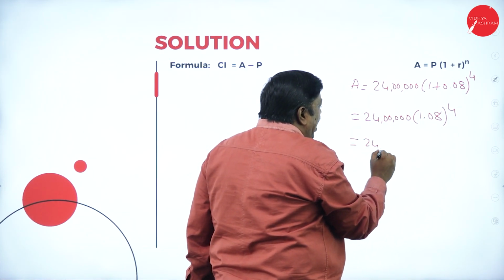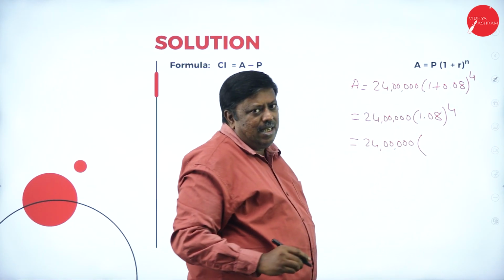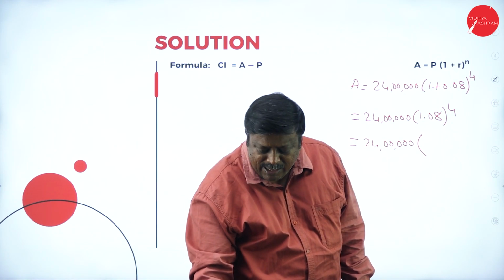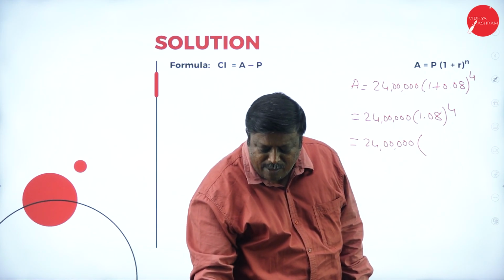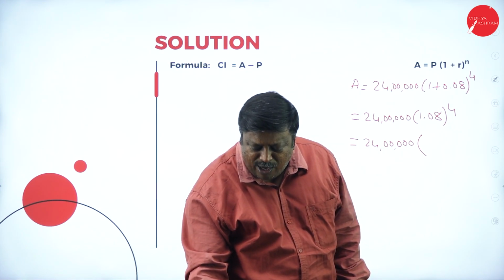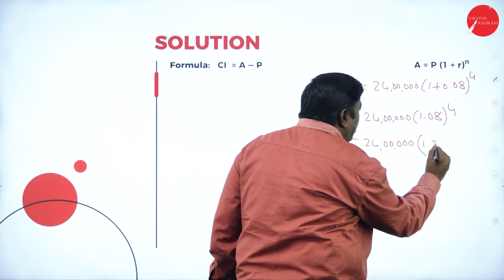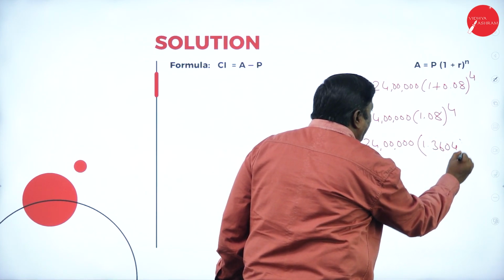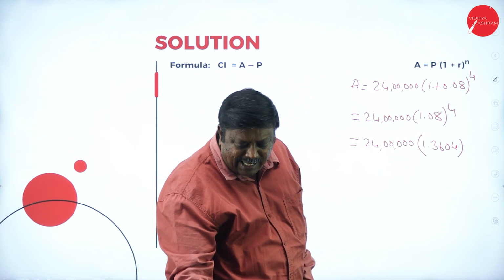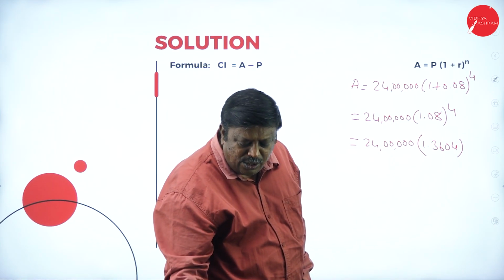We have to multiply 1.08 four times: 1.08 into 1.08 into 1.08 into 1.08. So it is going to be 1.3604 into 24 lakhs.